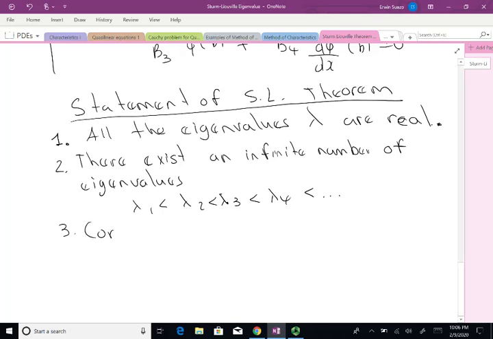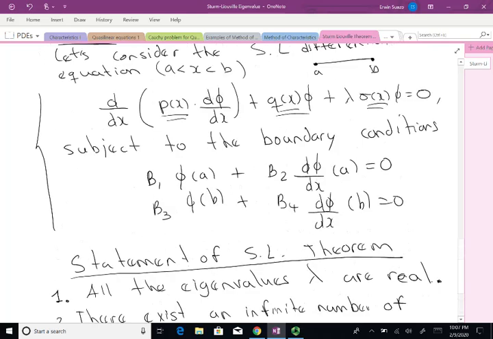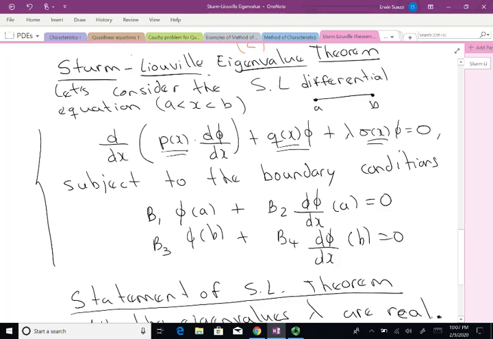So corresponding to each eigenvalue lambda n, there is an eigenfunction, denoted in this case phi sub n of x, because in our equation here we didn't put x, we put phi.